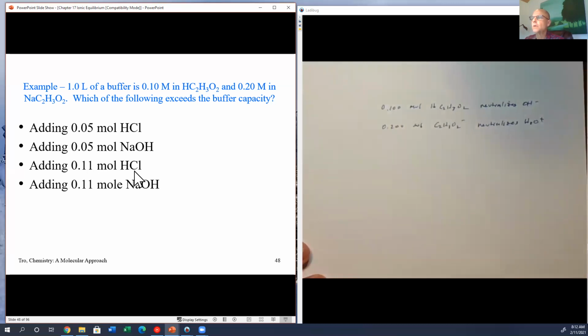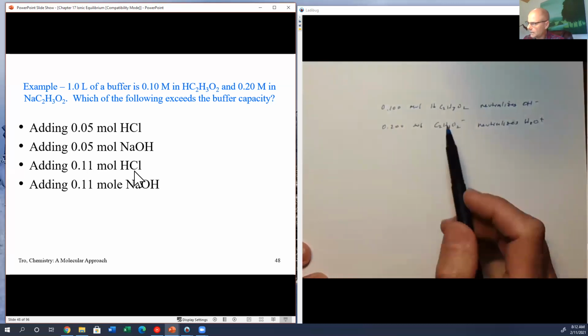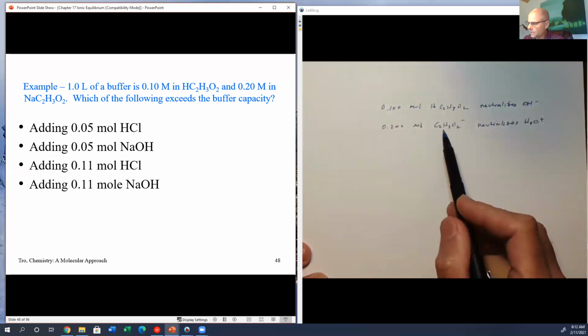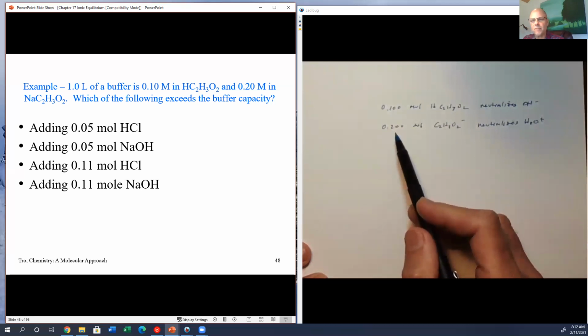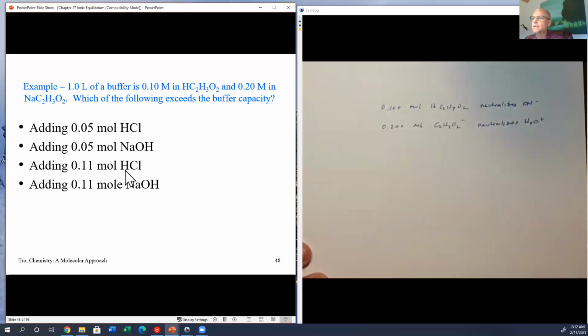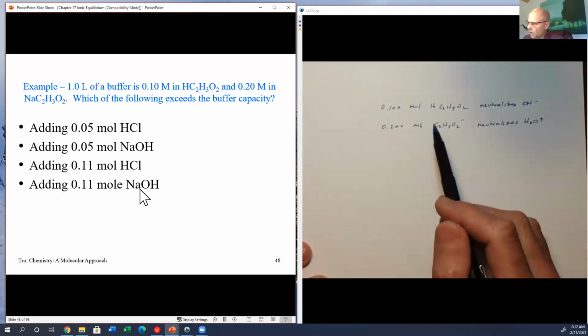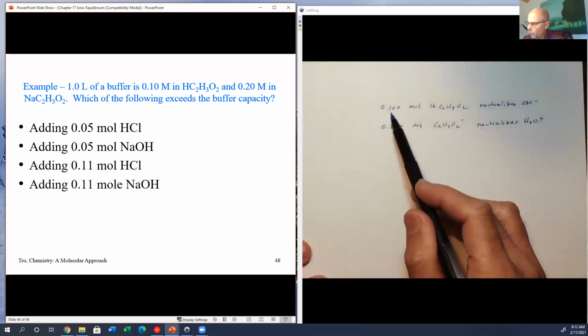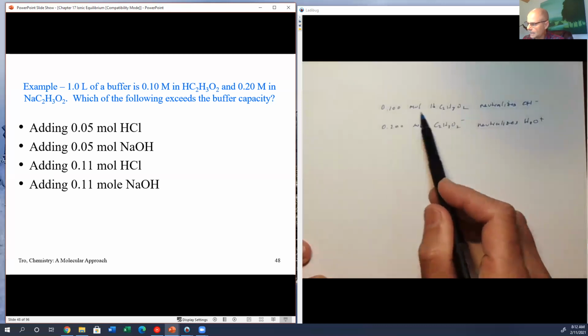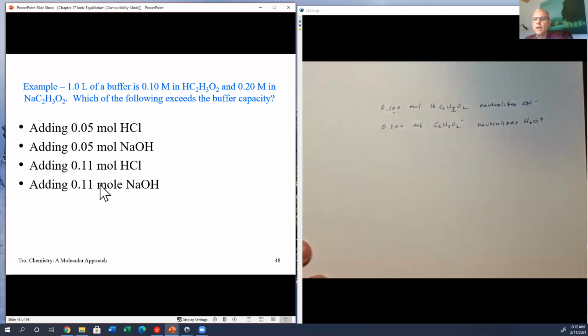Adding 0.11 moles of HCl, again, it's going to be neutralized by the conjugate base. I have 0.2 moles of this, so I have plenty to neutralize all that added HCl. Adding 0.11 moles of NaOH. Oh, wait a minute. I only have 0.1 moles of acetic acid. So I cannot neutralize all this added NaOH. So this addition exceeds the capacity of the buffer.